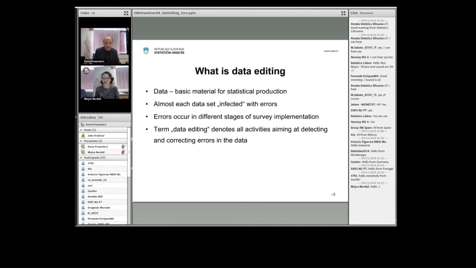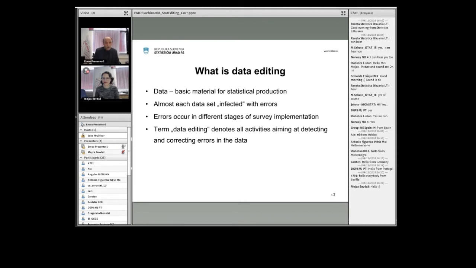So in the first phase, the first group of errors occurs. The second, very wide type of errors occurs in the data collection process. And the third stage, where also quite a lot of errors occur, is data processing.